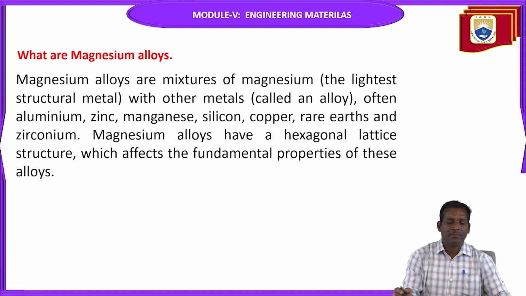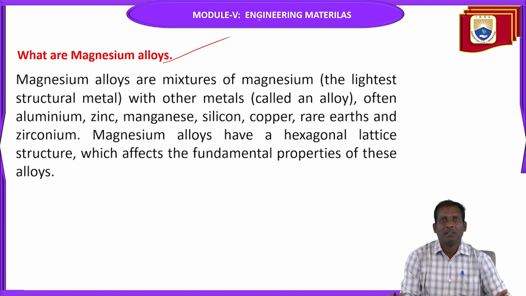So what are magnesium alloys? This magnesium alloy is similar to the nickel based alloys. In this, the base metal is magnesium and other metals are added to enhance the properties of the material.